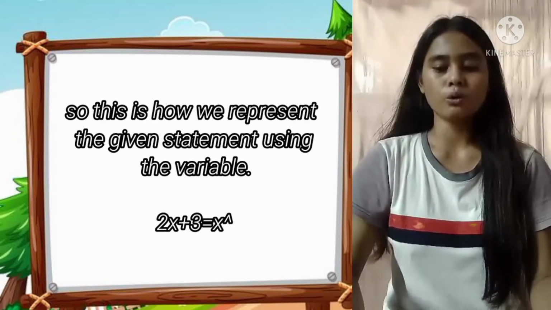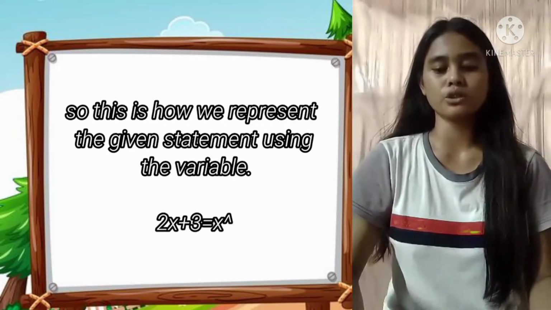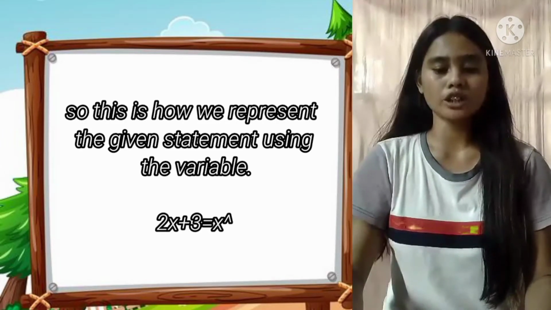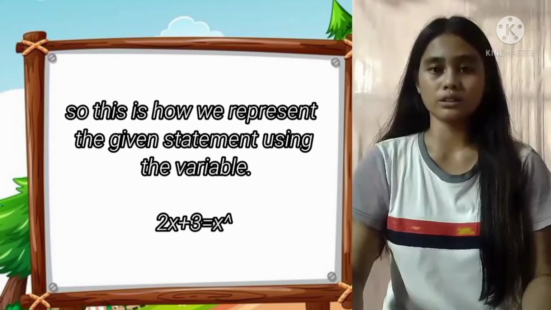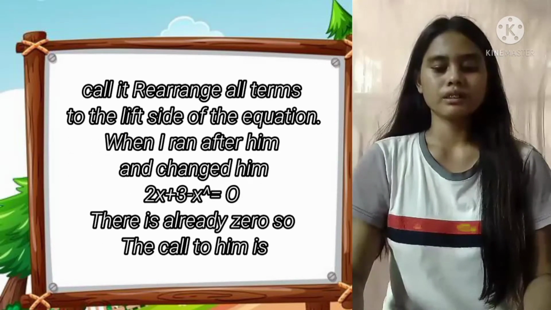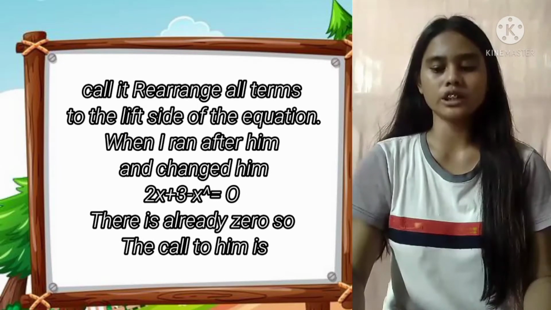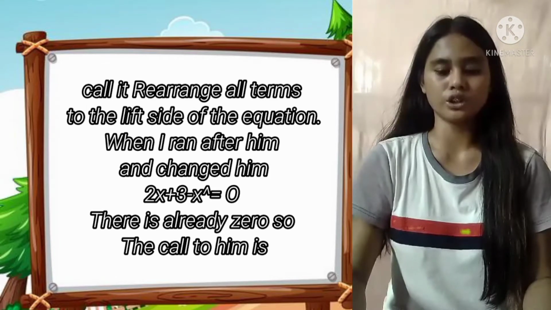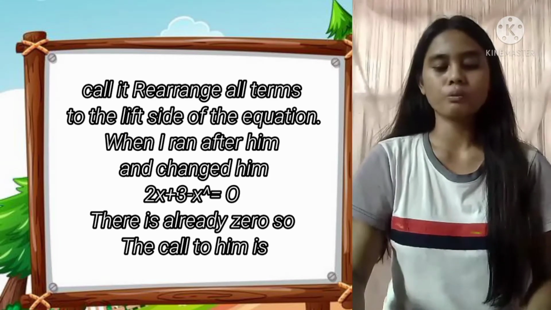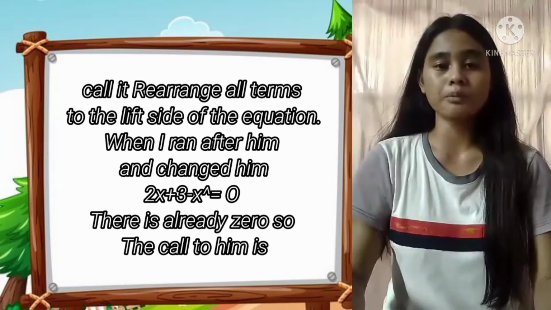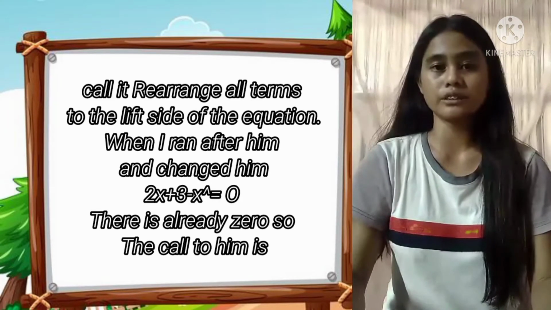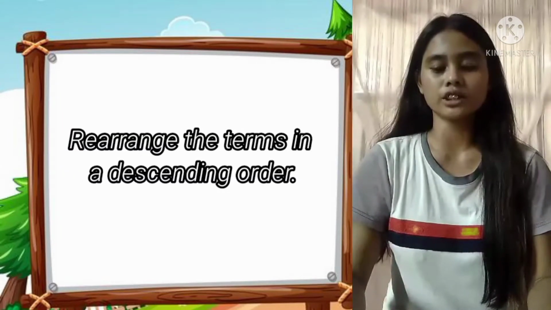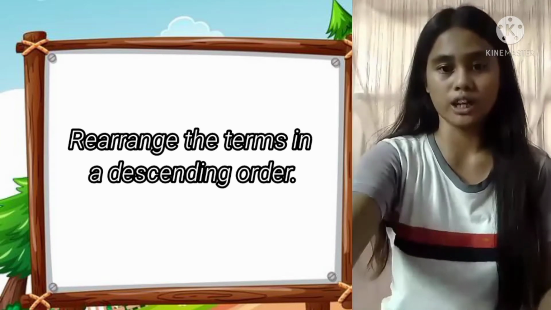This is how we represent the given statement using the variable. 2x plus 3 equals x squared. Raising all terms to the left side of the equation. So, pag ginawa ko tong 2x plus 3 minus x squared equal 0, pag dinagdagan ko po siya ng 0, magiging arranged the terms in the descending order po siya.